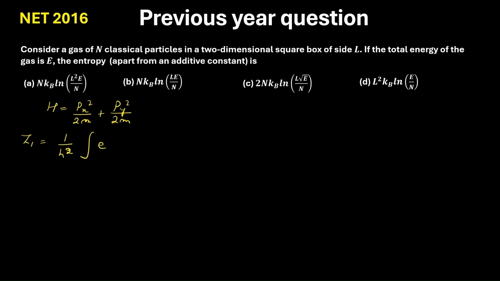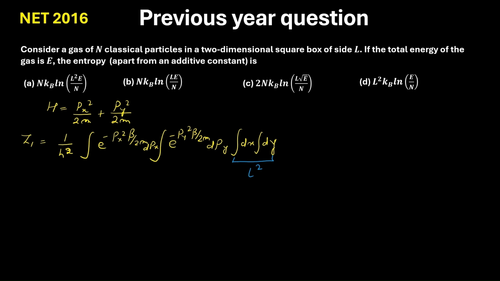Then we will integrate e to the power minus px square beta by 2m dpx, then e to the power minus py square beta by 2m dpy, and you have the integration of dx and dy. So this term we will get an expression of L square.